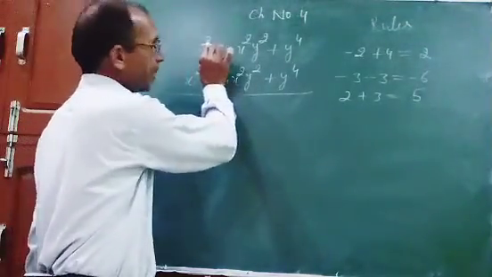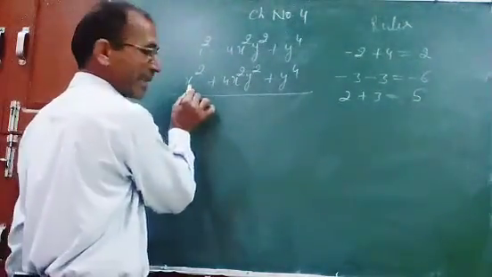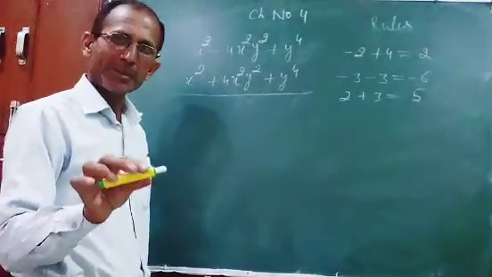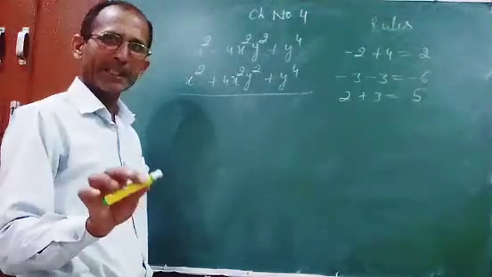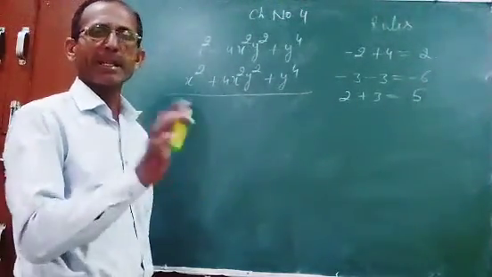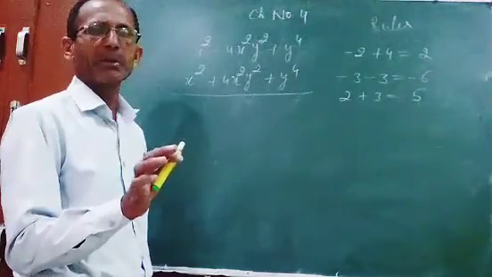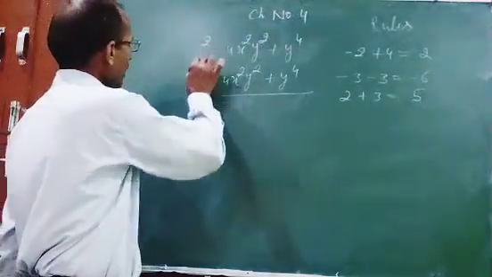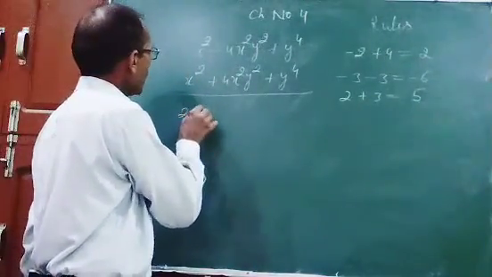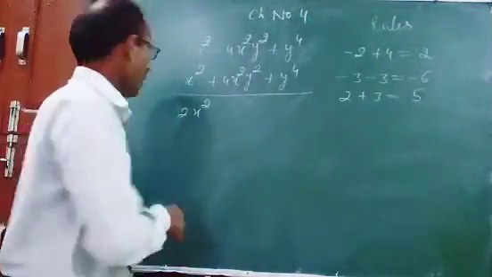Here x is the base and the power is 2, and here also x is the base and the power is 2. Like terms can be added or subtracted. We can't add unlike terms to like terms. So x square and x square, 1 and 1 becomes 2, so 2x square.